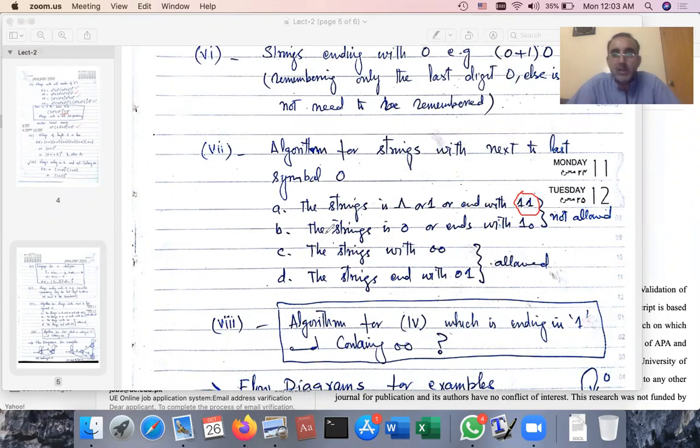Then similarly, a string that is only 0 or ends with 10 is also illegal. A string that is only 0 ends with 0, but the next to last symbol must be 0, so 0 is not a proper string of this language. Similarly, 10 means the next to last is 1, so this is also an illegal string.